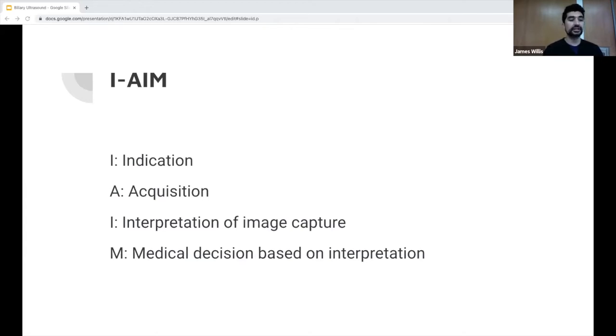I is the interpretation of that image. So not only do you have to take the appropriate image, but make sure you understand what your image is showing you. And the last part is M, which is the medical decision-making regarding that image. So not only did you interpret the image appropriately, but you took the appropriate steps in management afterwards.